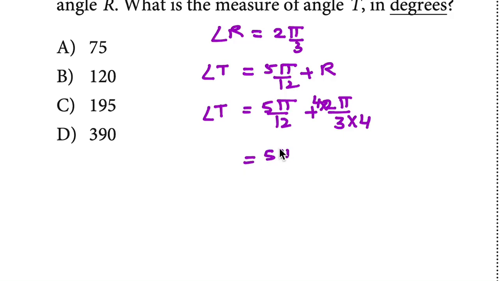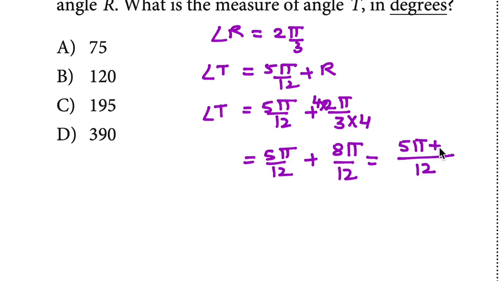So that is 5 pi by 12. In the second part, I have multiplied both sides by 4. So that is 8 pi by 12. Now, because the denominators are same, denominator is going to be 12 and we have to simply add the numerators, which is going to be 13 pi by 12. First part is done, that we have calculated the measure of angle T.